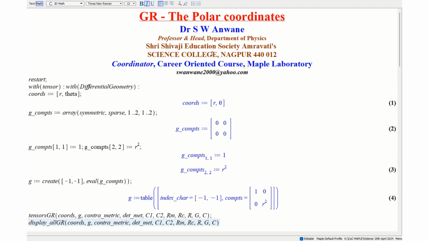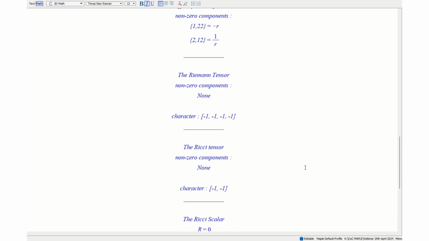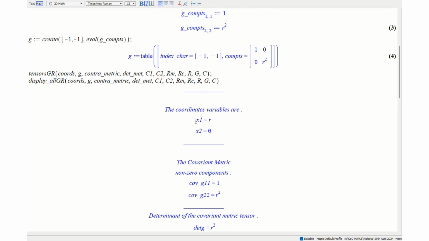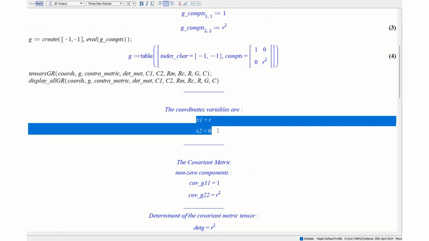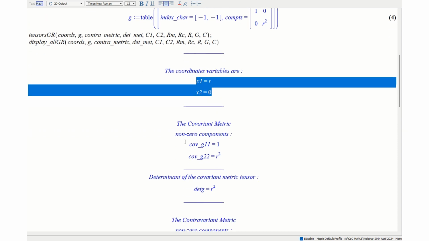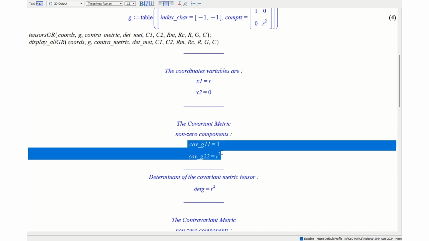So we are asking to display the result. So the result is displayed. We shall scroll the output. So here you can see the coordinate variables are r and theta. x1 and x2 are being replaced by r and theta, and the covariant matrix has non-zero components, sorry, g11 and g22, respectively 1 and r squared.